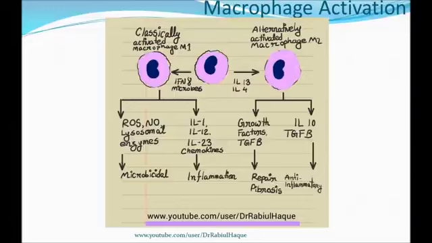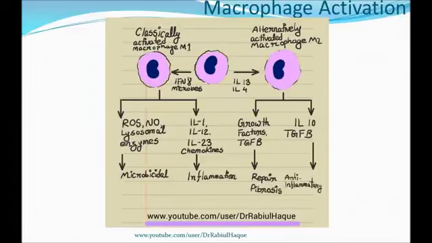Always remember that all these things will increase the ability of macrophages to destroy microorganisms. At the same time, the macrophage will also begin to secrete certain cytokines, for example interleukin 1, interleukin 12 and interleukin 23, and also certain chemokines, and all these things will stimulate inflammation. So that was in short about the classical pathway.